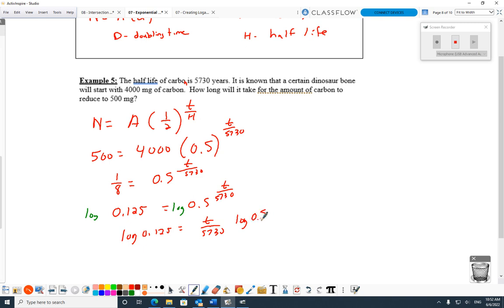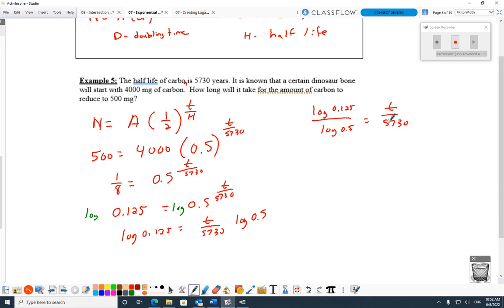And I'm going to not do a step here because I want to talk about what I've got here. I'm going to do that much and punch it in my calculator. Log 0.125 divided by log 0.5.